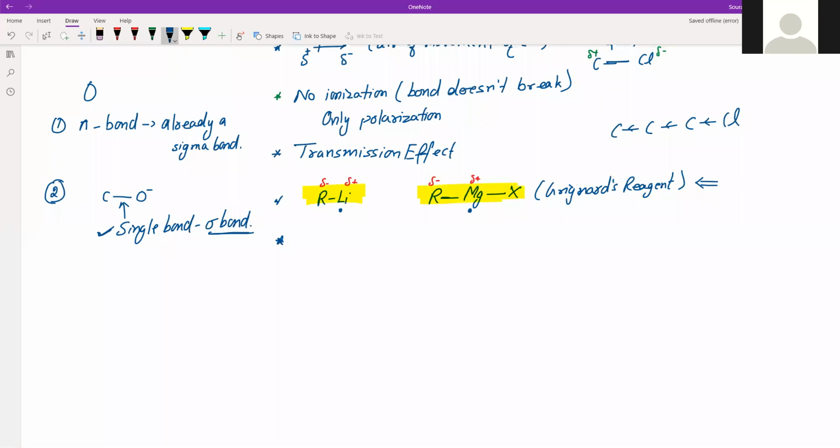Next, it is also important to remember that inductive effect is atom's ability to polarize the bond. That is, the shift of electrons in a sigma bond in response to the electronegativity of nearby atoms. So this is, you can say, the ability of an atom to polarize.